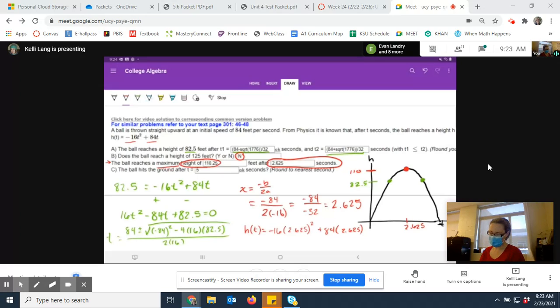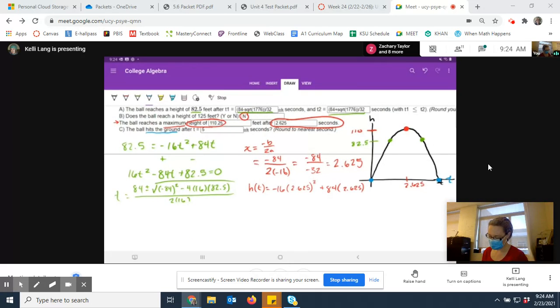Finally, they want to know when the ball hits the ground. Well, the two moments in time, remember time is this axis here, the two moments in time when our ball is on the ground is right at the start and at the end when it's done flying through the air. So these 2 points represent the moments that the ball is on the ground. If we want to know the answer to this question, we have to find those zeros.